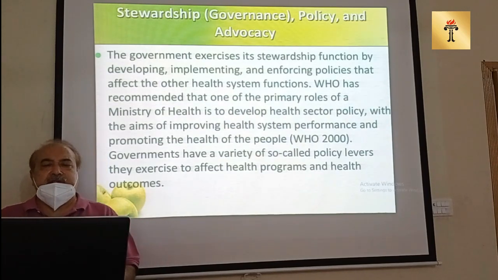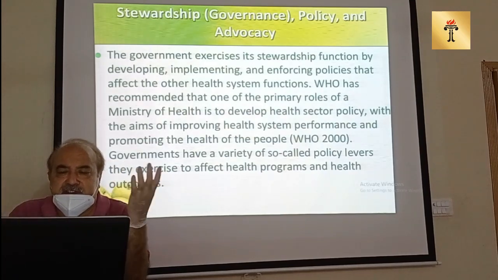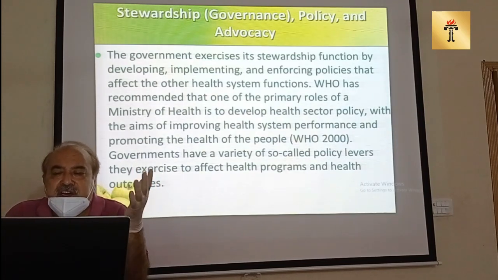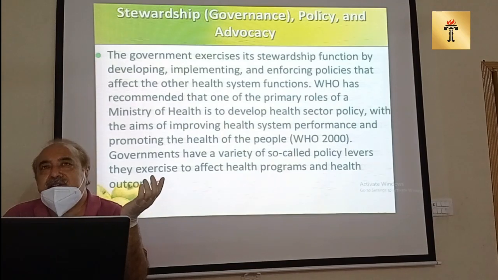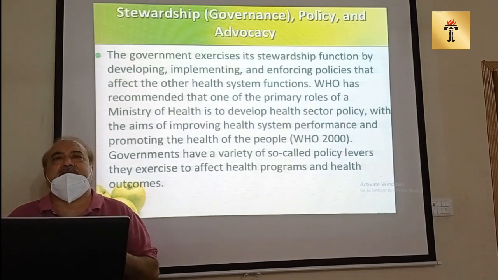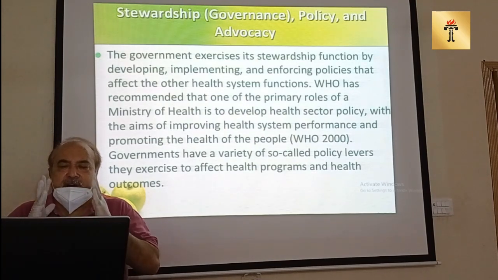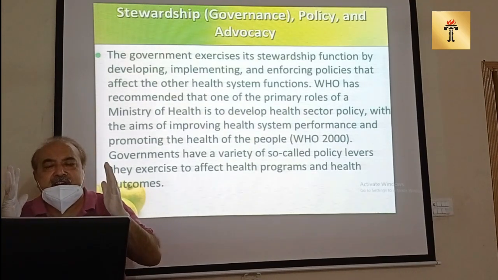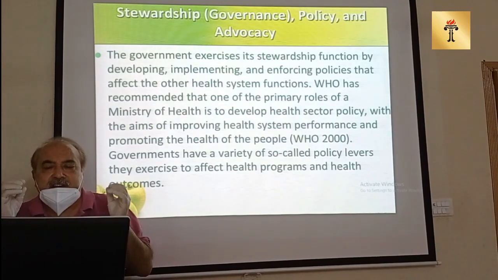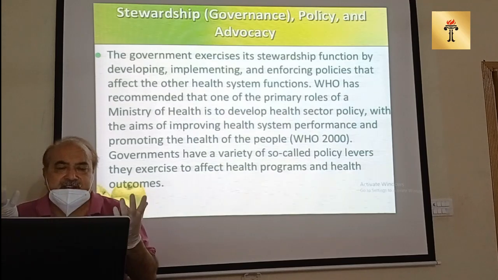Now, how does the government exercise its powers of stewardship, its functions of stewardship? It is by developing, implementing and enforcing policies that affect the other health system functions. So all the governments have their health system policies which come into vogue from time to time, and the WHO, the World Health Organization, has recommended that the Ministry of Health of any country have a primary role of developing a health sector policy.